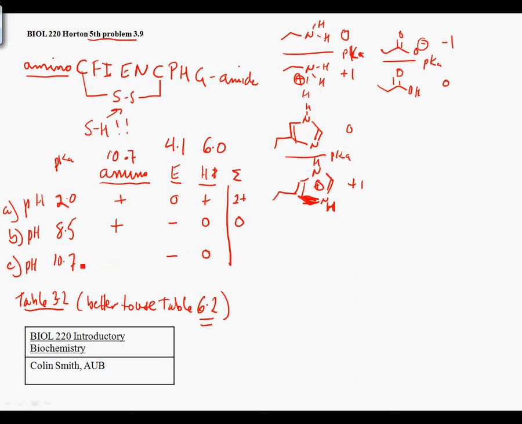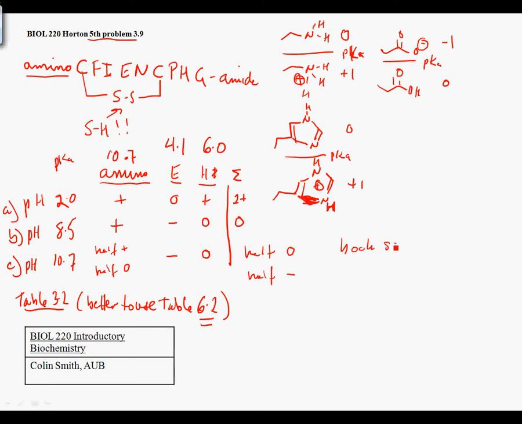At a pH equal to its pKa, we expect that half of it will still be positively charged, and half of it will be neutral. And if we add that up, half of the molecules would be expected to be neutral, and half of them would be negatively charged.